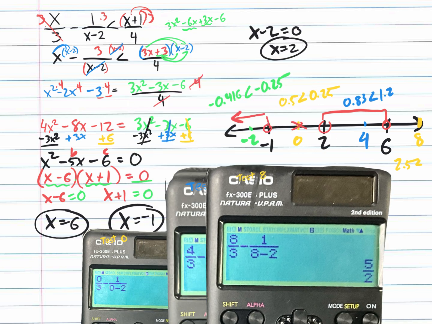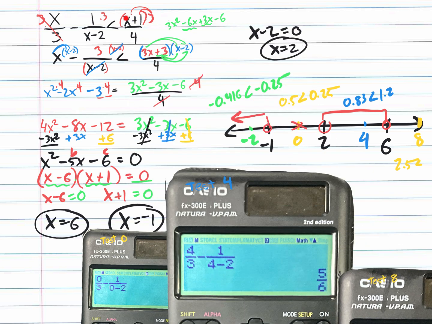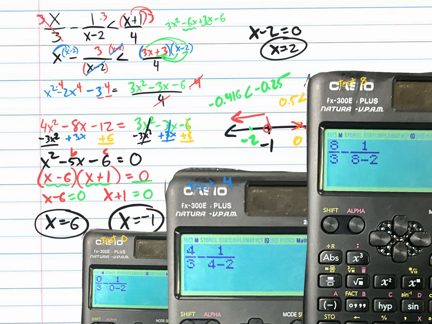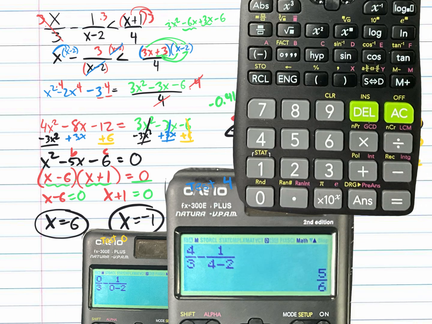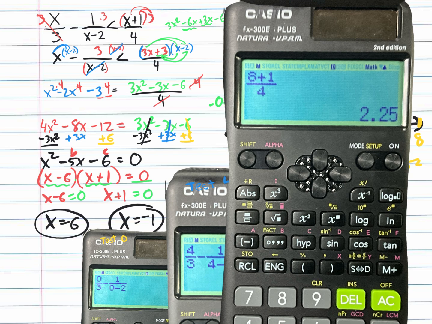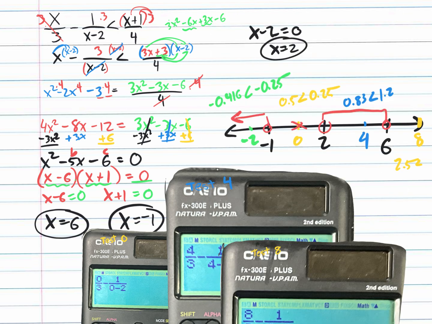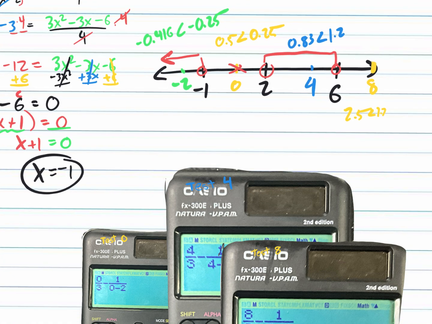If you type in an 8 on the right side, 8 plus 1 is 9. 9 divided by 4, I have it written right here on the calculator, is 2.25. So is 2.5 less than 2.25? No, it's not. 2.5 is greater than 2.25. So that's a no. That means that this guy doesn't work.